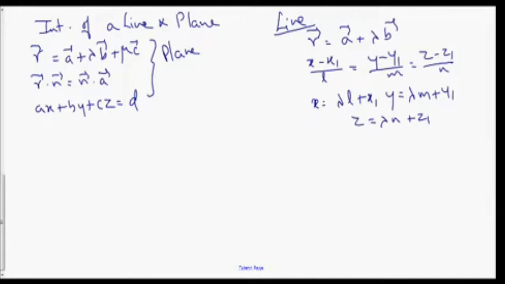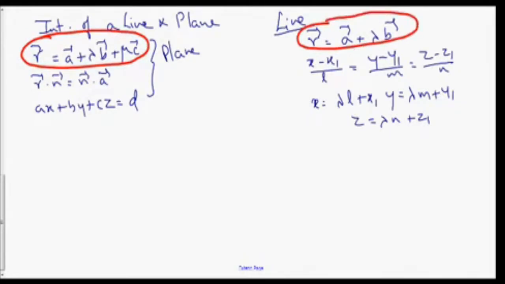That's the concept here. Whichever form it has been given, try to put them all into vector form. So that means you are only using this and this. This is one method for finding the intersection of a line and a plane.